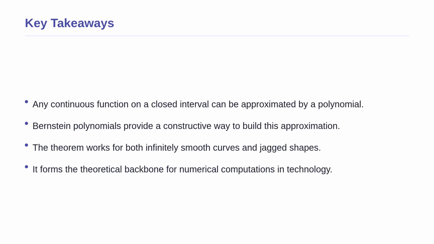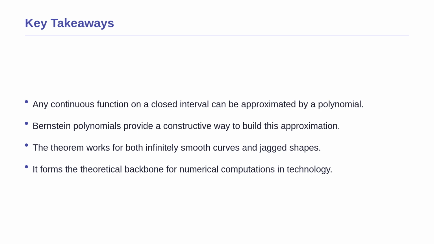Let us summarize what we have learned today. The Weierstrass Approximation Theorem is a foundational bridge between abstract continuous functions and computable polynomials. It guarantees that any unbroken curve, no matter how complex, can be uniformly approximated by a smooth polynomial to any desired accuracy.